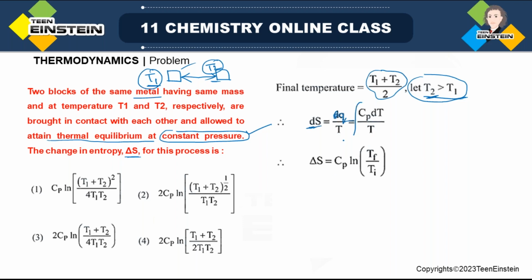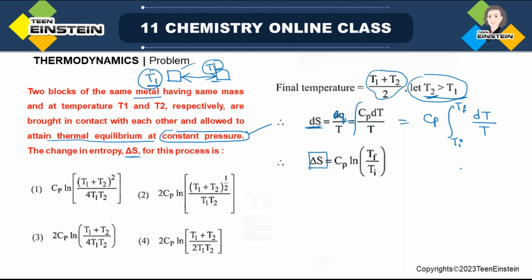So if we do integration on both sides, this dS will change to del S. There is some finite change, and here Cp we will consider as a fixed value. So that is why it is out of the integration, and it will be like this: Cp, not included in the integration, and this is the initial temperature Ti, the two limits of temperature between which we will do the integration, Ti to Tf, and dT by T.